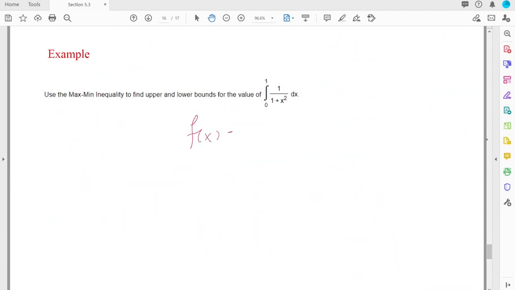So this is the function 1 over 1 plus x squared, on 0 to 1. The more the value of x is growing, because it's in the denominator, the value of the function will go down. So at 0 the value of the function is 1, at 1 the value of the function is half.